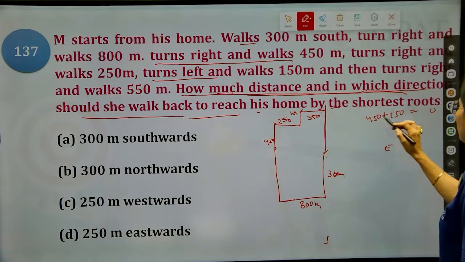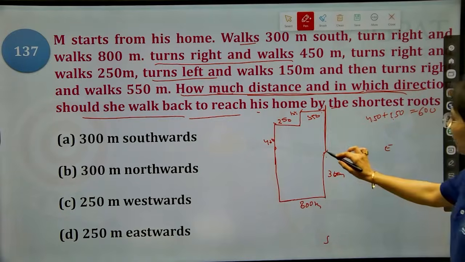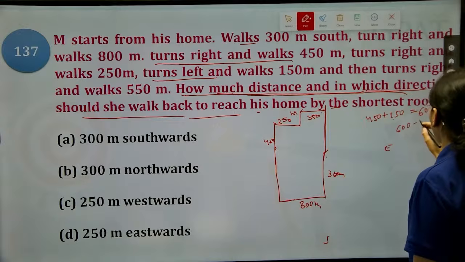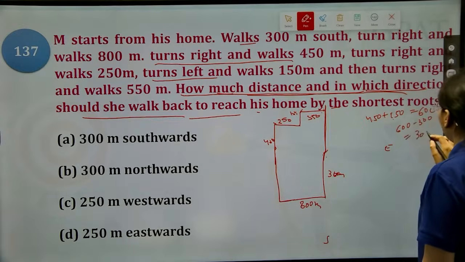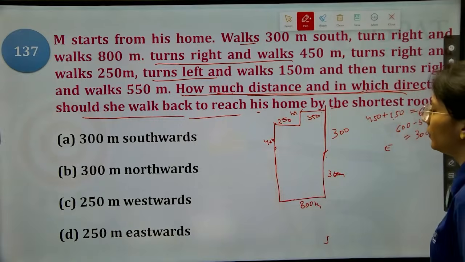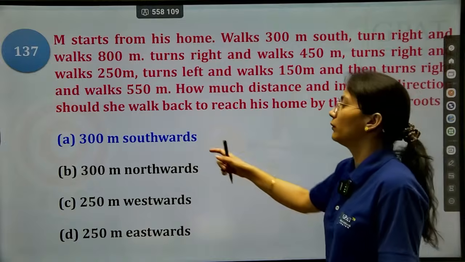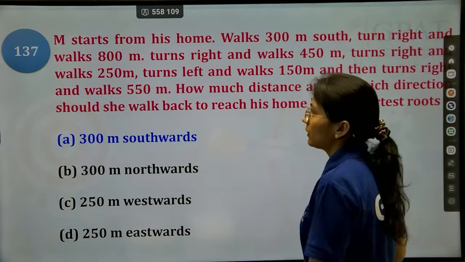That is 600. So 600 minus 300, how much is left? That is 300. So the distance is 300 meters in the south direction.